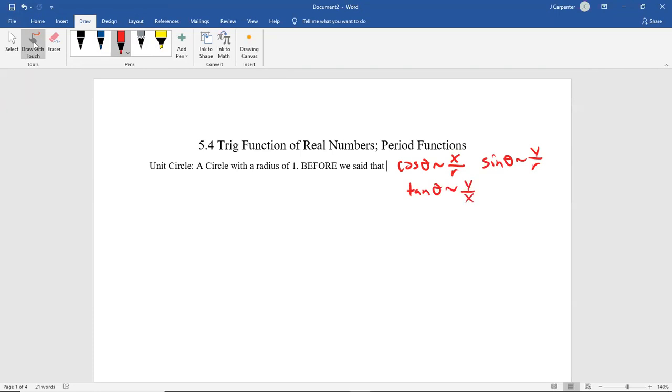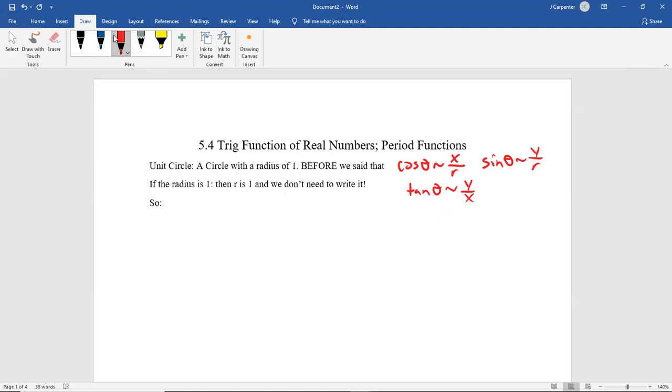And we built the smart trig class based off of that. We did all the plus or minus signs based on the coordinates. Well, with a unit circle, the radius is 1. R is 1, and we don't need to write it.